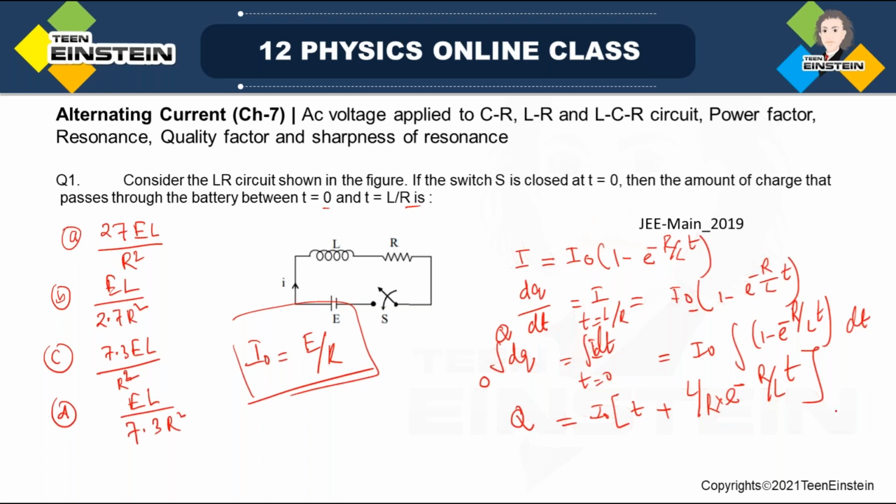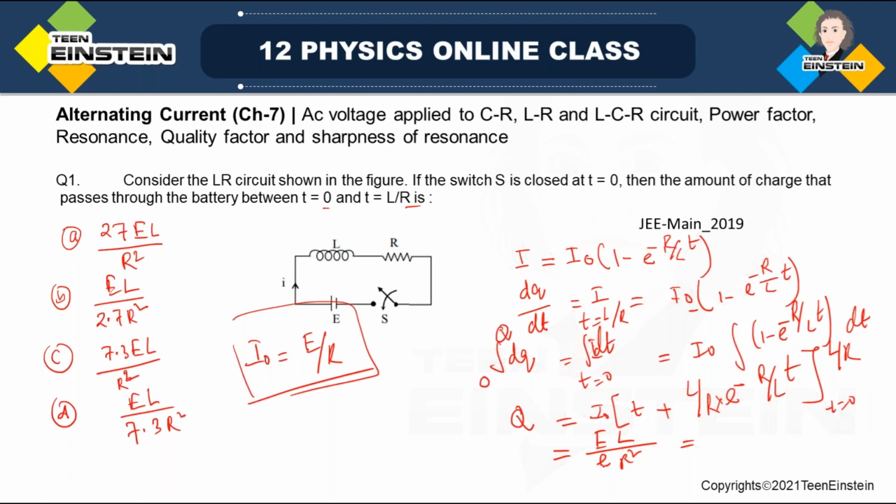So now we can take the limit t equal to 0 to L by R. If we solve it and put I0 equal to E by R, then we will get that this is EL by e into R square.